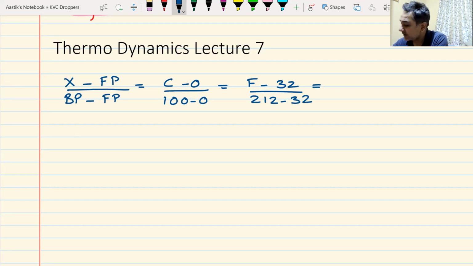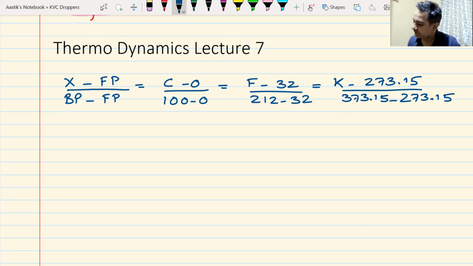And for the Kelvin scale, the formula becomes K minus 273.15 divided by 373.15 minus 273.15. We all recollect this?